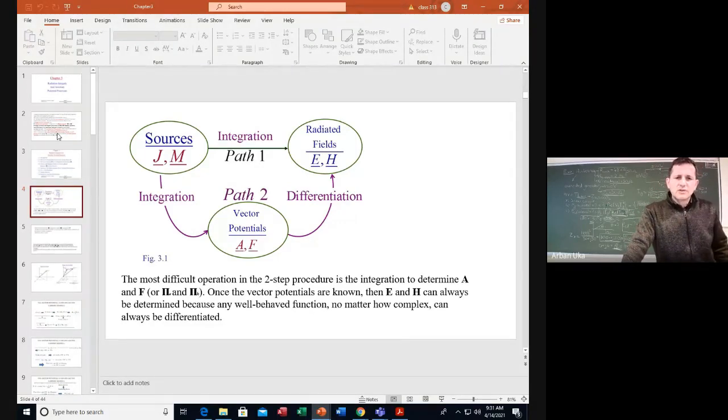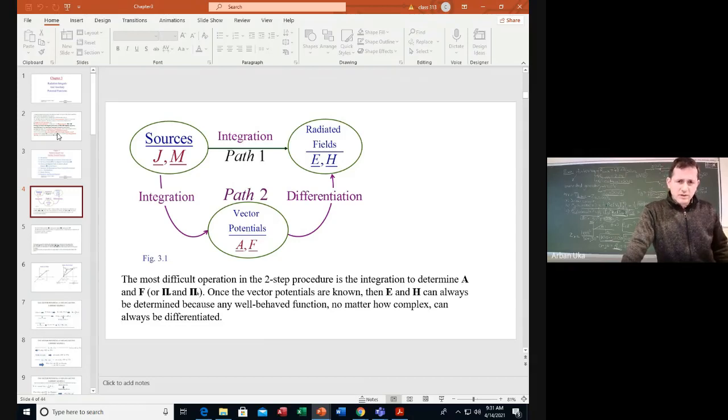Normally we are given the sources of the fields, the electric field and the magnetic field intensities, which would be the E and H, and we can often use only the first path, which would be integrating. So we find these from Maxwell's equations.